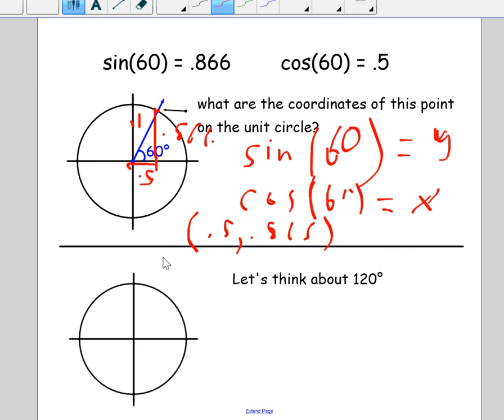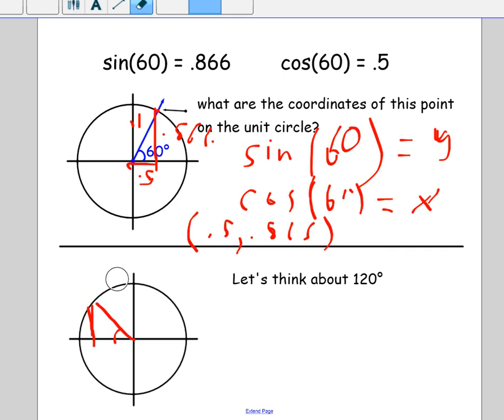So then let's think about 120 degrees on this unit circle. Again, we have this angle that has a reference angle of 60 degrees. This should really be a point right on the unit circle is what I'm going for here. Is that clear enough?